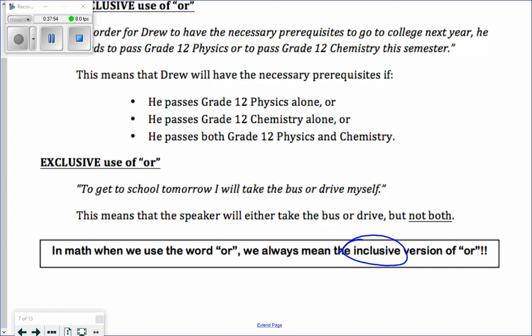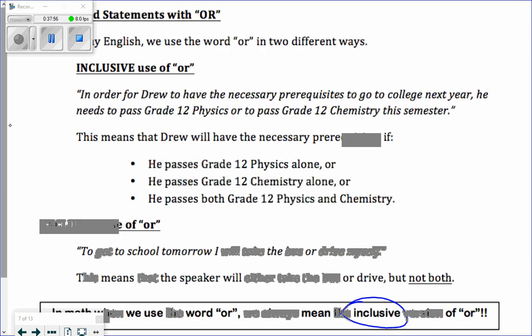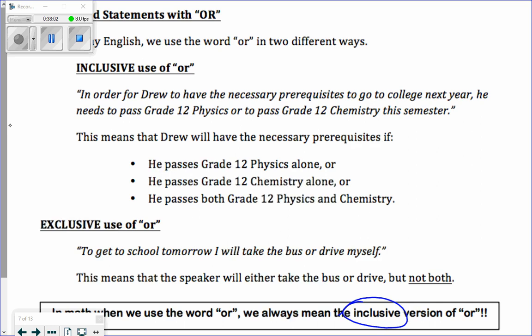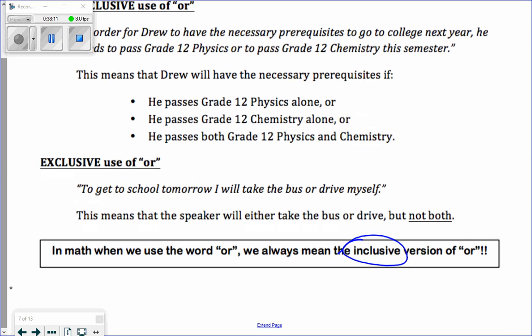So or means one or the other or both. So I could order just the Blizzard or just the sundae, or I could order both. So or means one or the other or both, always.